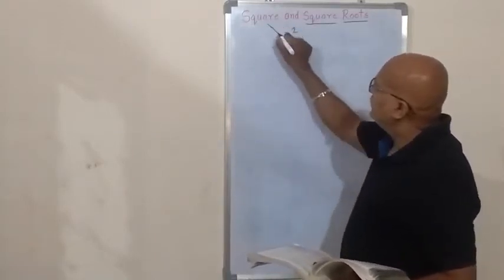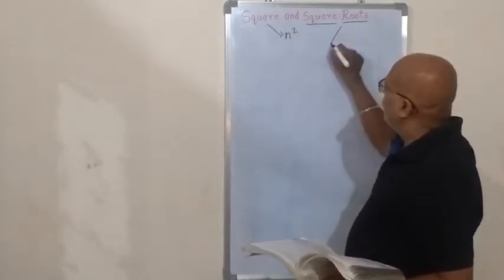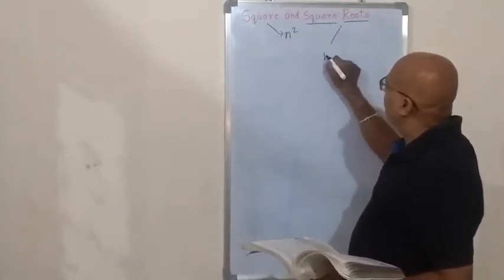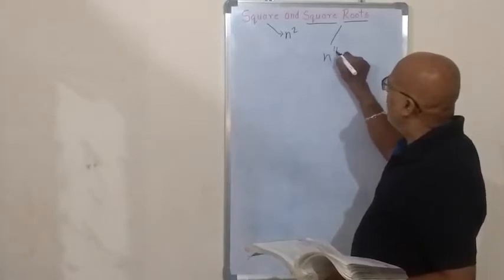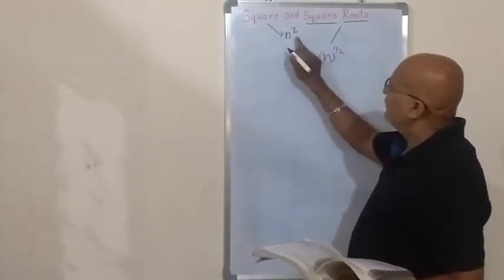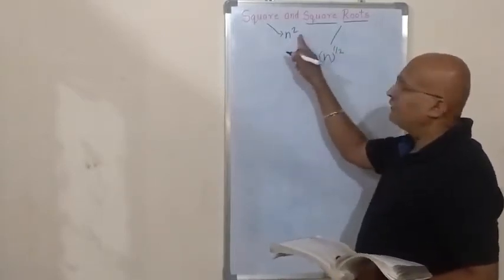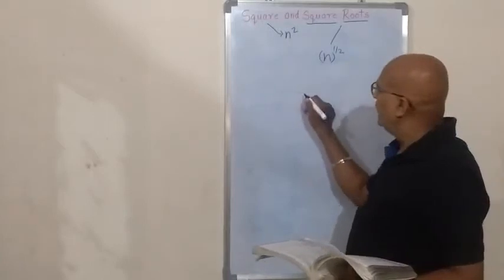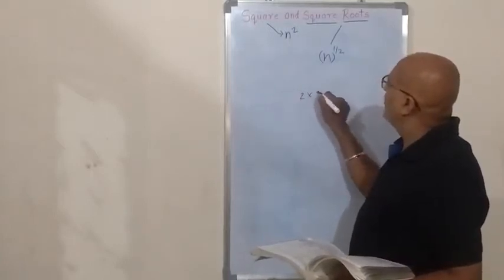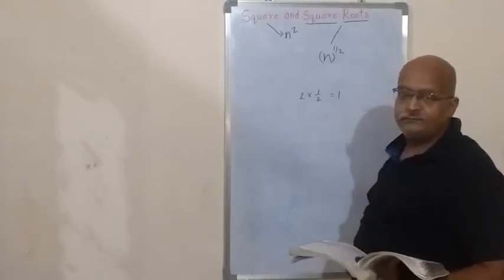The square roots are written as n to the power 1 upon 2. The power becomes half. Here the power is 2, so half is the opposite of 2. Why? Because 2 multiplied by 1 by 2 is nothing but 1.